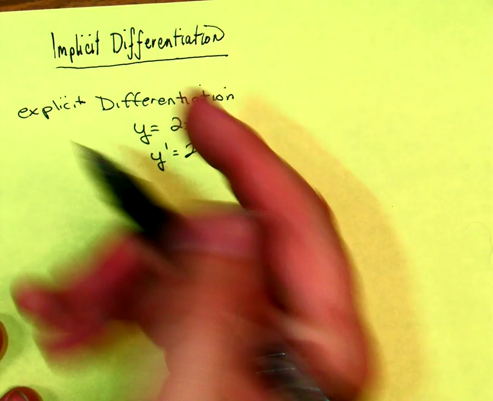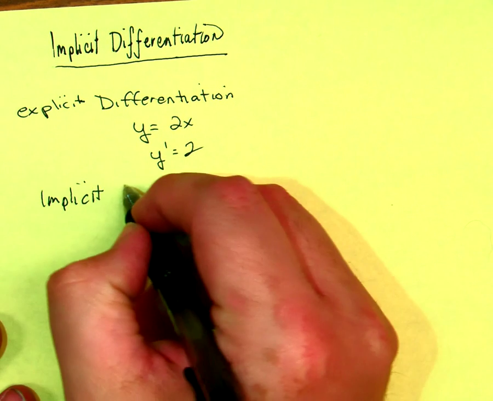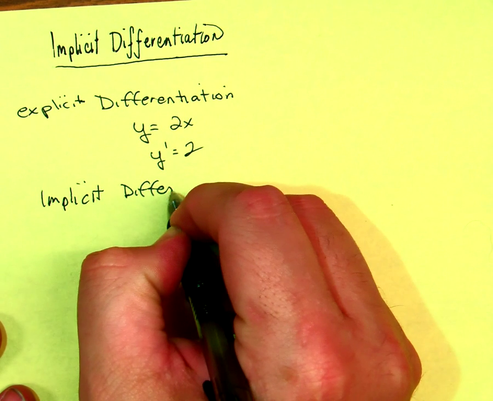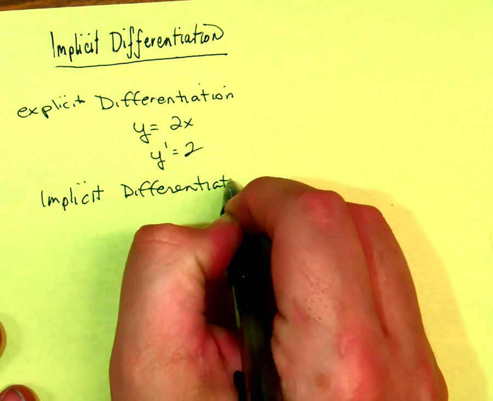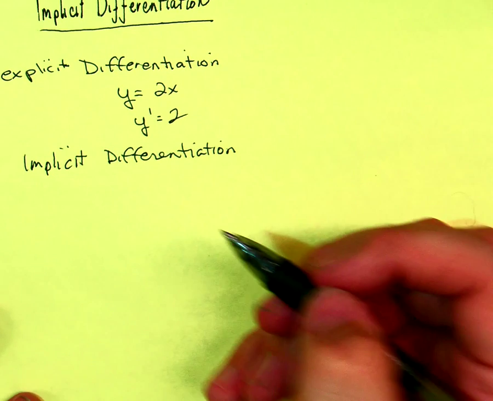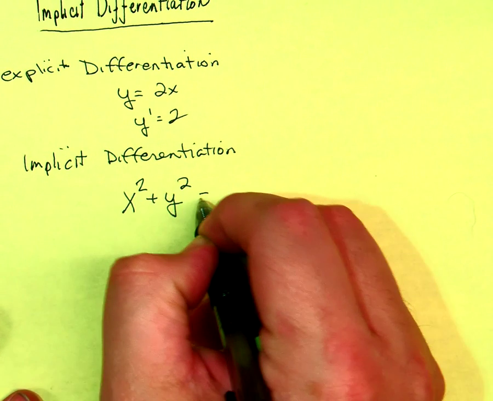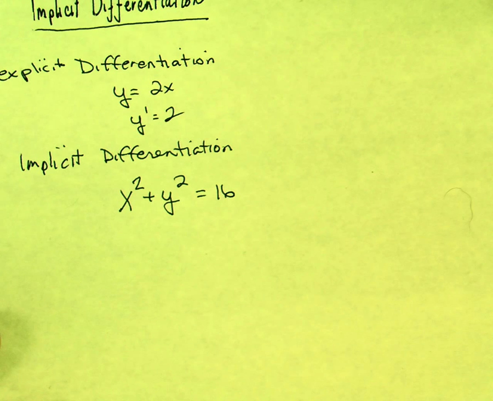Now, implicit differentiation has, let's say you have x squared plus y squared is equal to 16. Now, what is this an equation of? A circle. It's the equation of a circle.